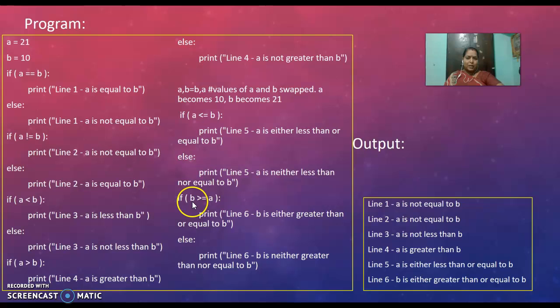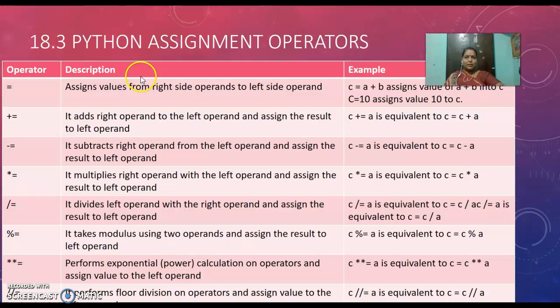If B value 21 is greater than or equal to 10, yes, this will return true. It will print line 6, B is either greater than or equal to A, and ignore the else part. So you can see the output statement, B is either greater than or equal to A. So this is the example program demonstrating relational operators.